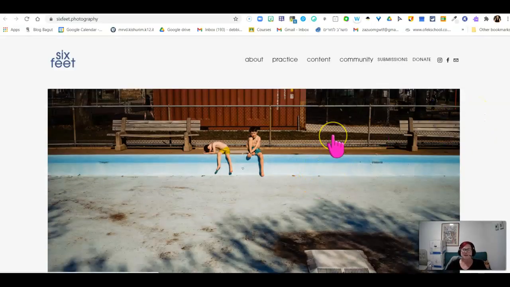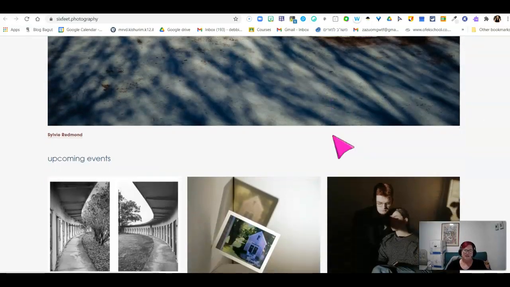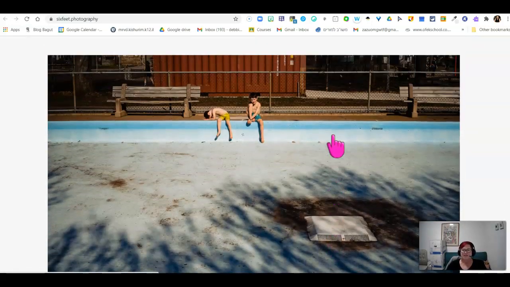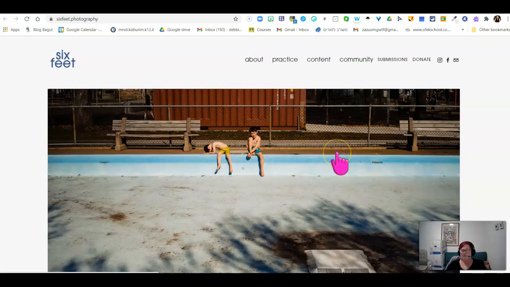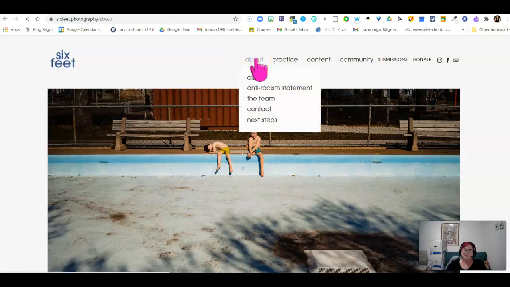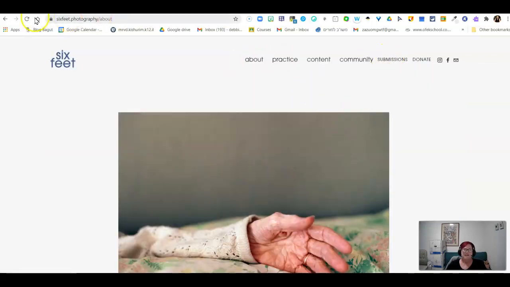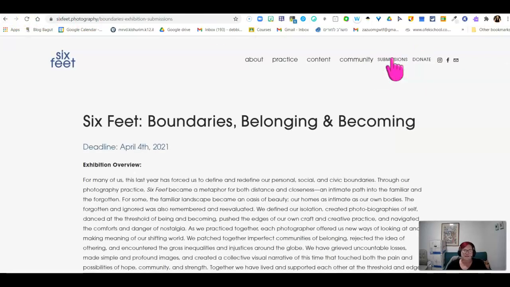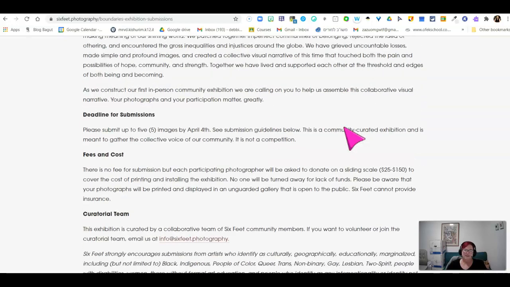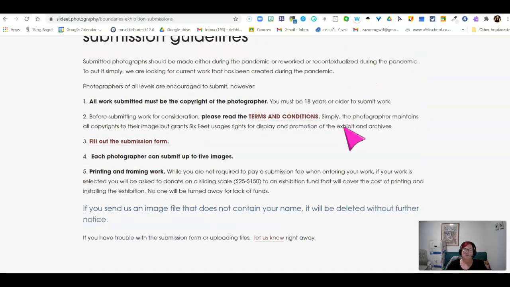6 Feet is a collection of, well, it also has different types of events that they hold. So what is it? Okay, this is a collection of people's ideas, thoughts, art about the last year, and this is what you need to do if you want to.